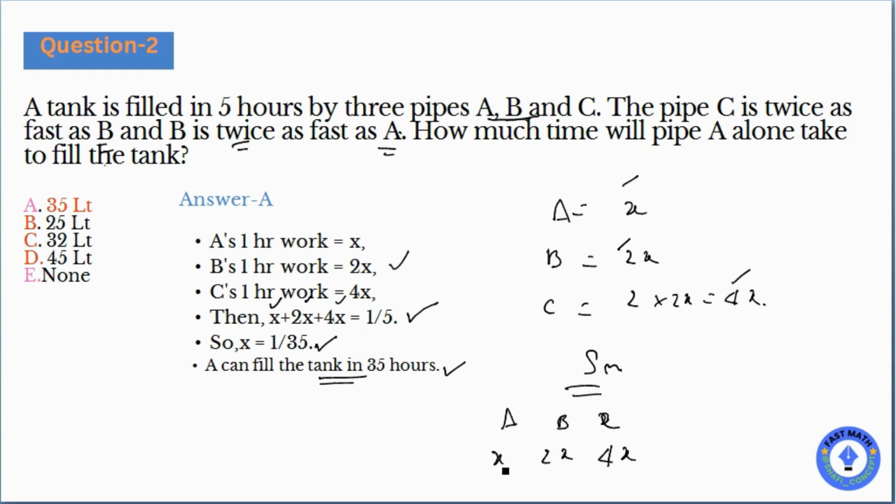Check the coefficients: A has coefficient 1, B has coefficient 2, and C has coefficient 4. You add all of them, because they are all discharging. That is 7. You just multiply with the hours given, that is 5. The answer is 35. This is the shortest way.